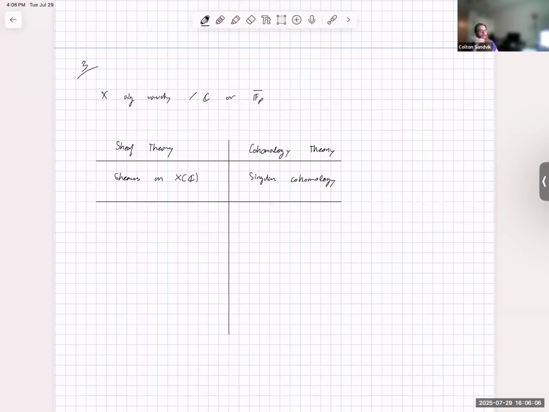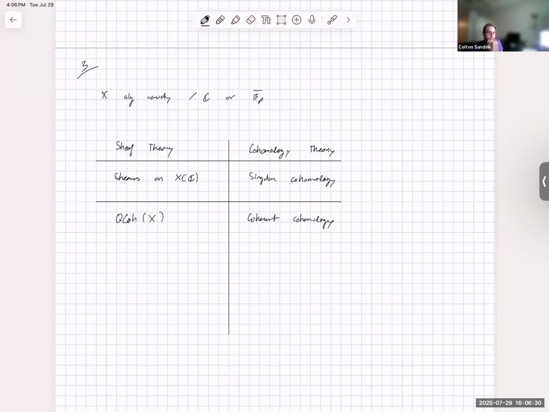But there are a lot of other ways we can associate sheaf theories to X. We also saw in the previous weeks that we can associate quasi-coherent sheaves on X, and this gives our coherent cohomology, which we talked a little bit about different ways of computing using things like Čech cohomology.